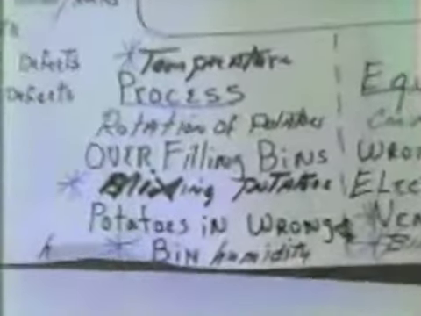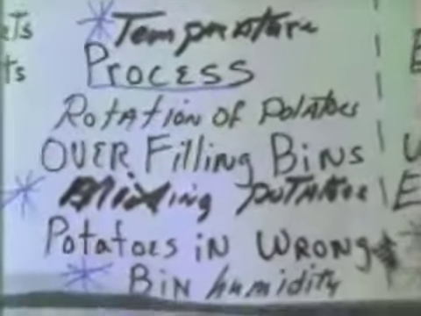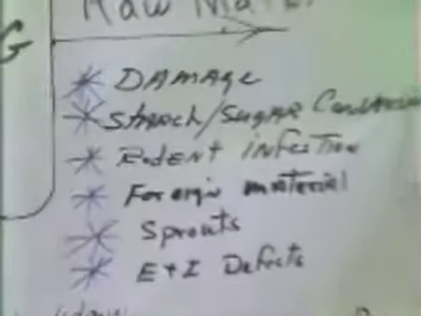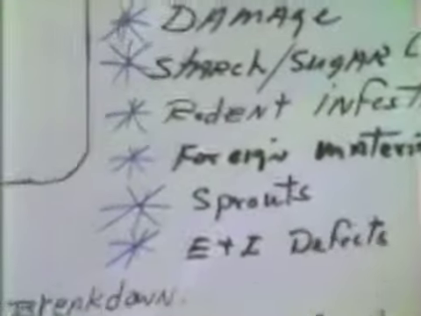As you look at the processing variances: the rotation of the potatoes, the overfilling of bins, the mixing of potatoes in the wrong bins, or equipment variances such as conveyors that are not operating properly, improper lighting systems, electrical system breakdowns. Those kinds of variances, on the output side, can cause damage to the potatoes, can cause changes in sugar or starch content, and you can get some rodent infestation. These are some of the variances on the output side.